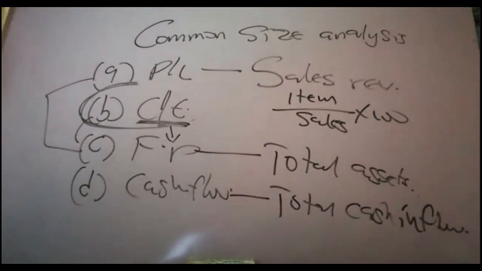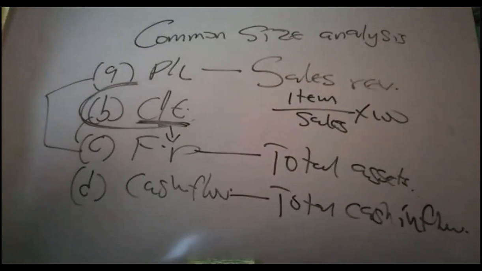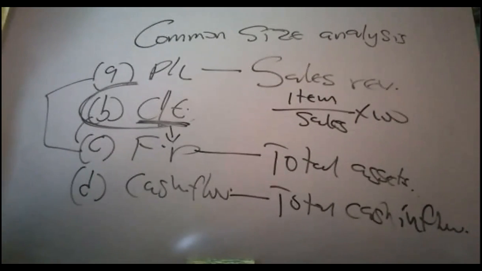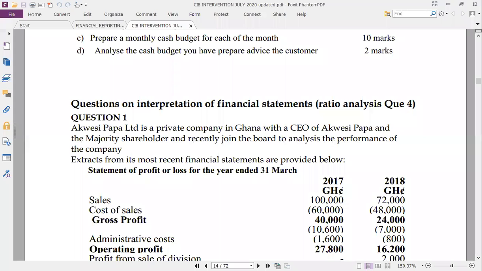The calculation is a bit simple and the formula is one for all of them. As a result of that, I don't need to show the workings or the formulas for us, because the formula is only one. So we are going to look at this particular question.